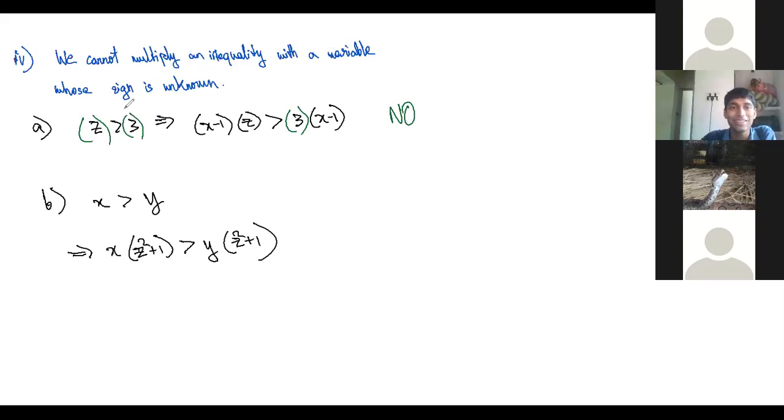We don't know anything about x minus 1. So if you don't know that x minus 1 is positive, then you cannot say that z greater than 3 necessarily implies that (x minus 1) into z is also greater than 3 into (x minus 1).